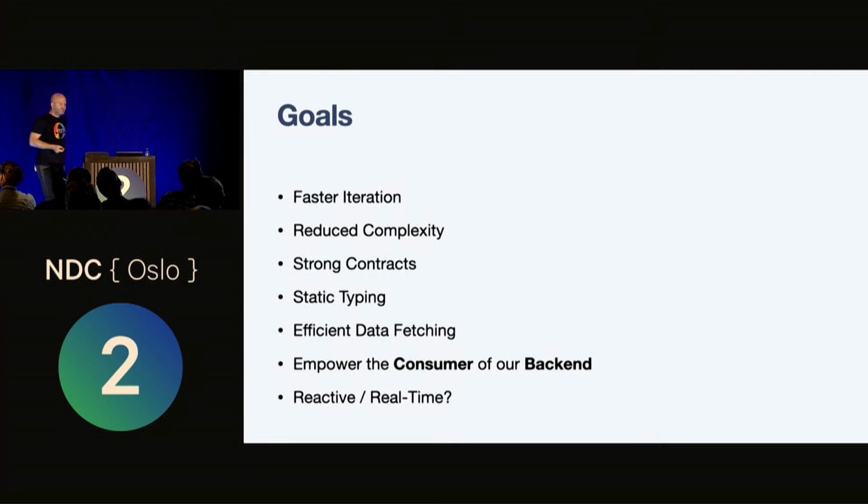Okay, so the goals here from combining GraphQL and serverless is that we have a faster iteration speed. Faster iteration speed because of GraphQL, because it decouples the development of applications between my backend and frontend developer. So the backend developer can expose the world, and the frontend developer can now pick from that.